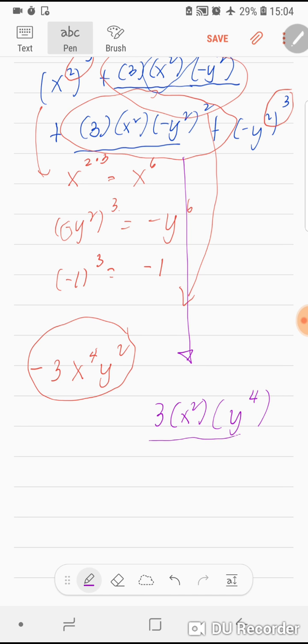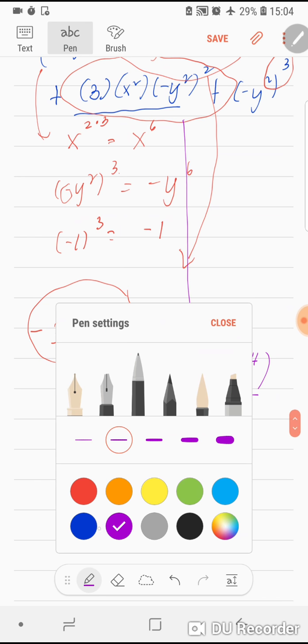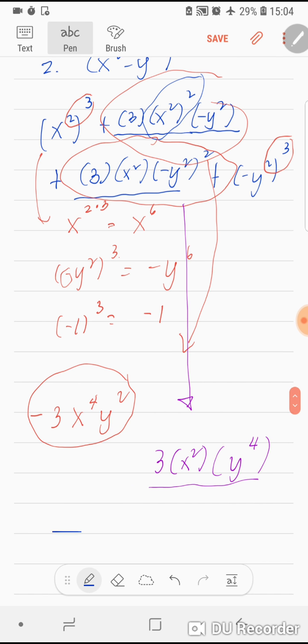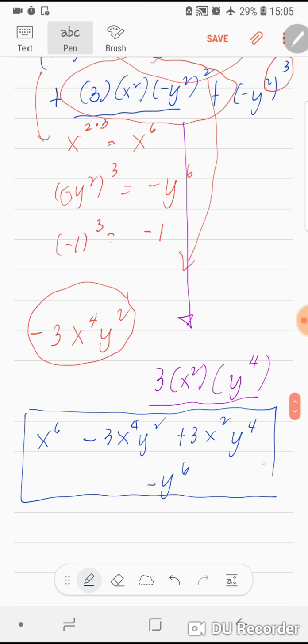So what we have here would be 3x squared y⁴. We sum up everything. The final answer would be x to the power of 6, minus 3x⁴y squared, plus 3x squared y to the power of 4, then negative y to the power of 6.